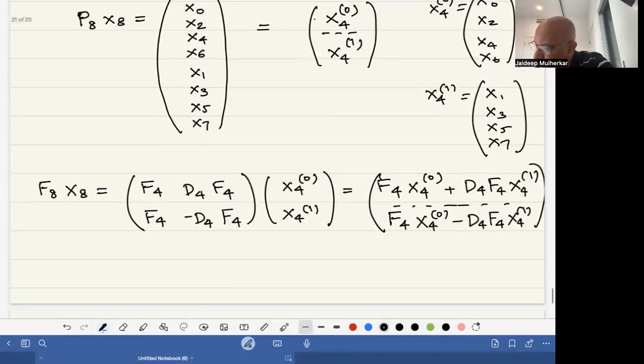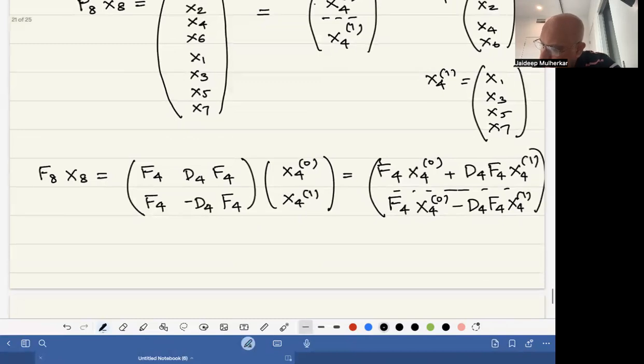So now we have to compute F4 x4 of 0 and F4 x4 of 1. Both the top and the bottom over here just contain these entries.